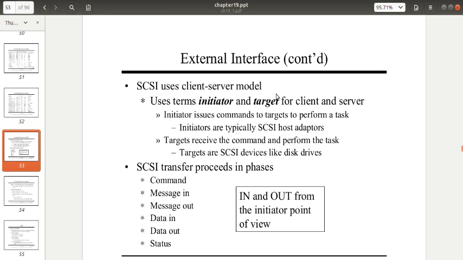Okay, the SASI uses a client server model in the sense that there will be an initiator and a target. The initiator will usually be the device which starts the communication. In most cases, it will be the processor or the computer, and the target will be the disk drive that you have connected to the port.